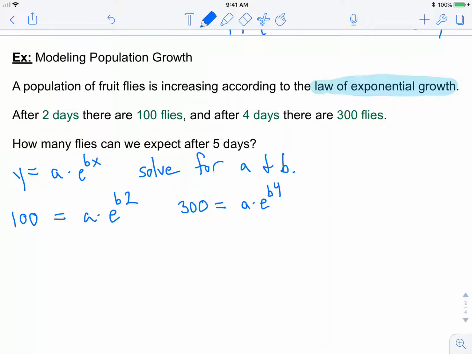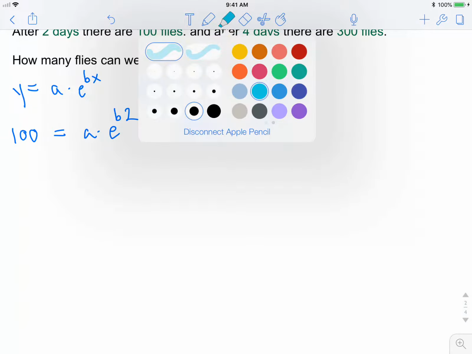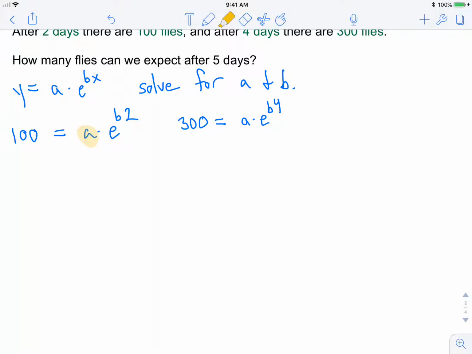And with these two equations, we have everything we need to solve for a and b. We'll have to do a bit of a substitution here. So let's first solve for a, and then make a substitution into the second equation, and we'll have our answer. So we'll start here, and we want to get a by itself, and that's easy. We'll just pretend e to the 2b is a number, and divide it to the other side.